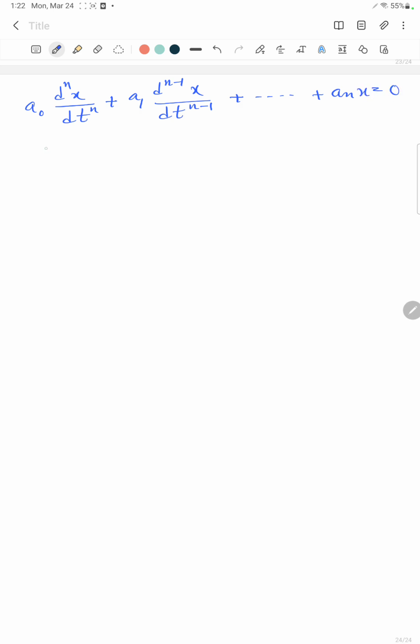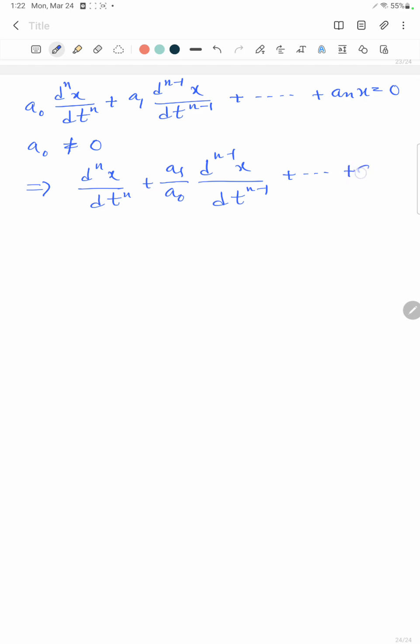Then a naught must be not equal to 0, and just dividing by a naught, you can write this differential equation as this. Remember, this is the general setup.